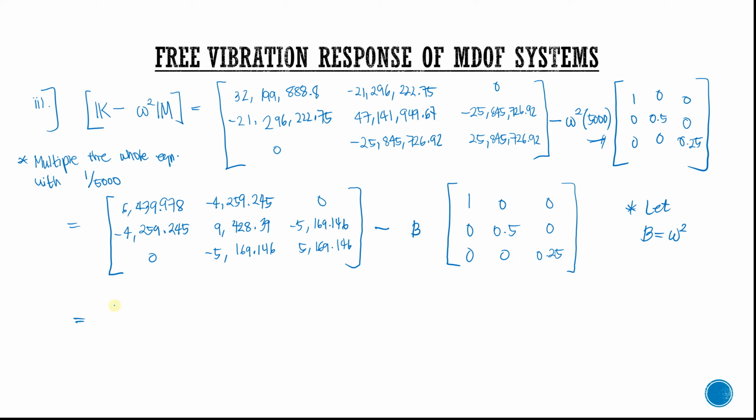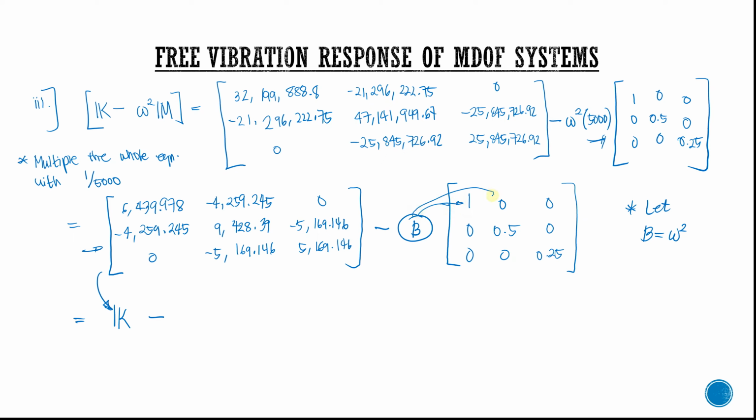So that is equal to the stiffness matrix. Let me just write this value here with this symbol, since there are too many quantities and digits to be written there, minus. What happens next is, since we have a multiplication here, we just distribute the b on the matrix.